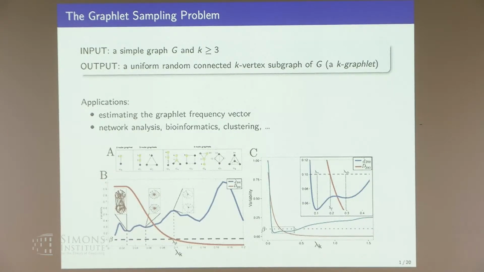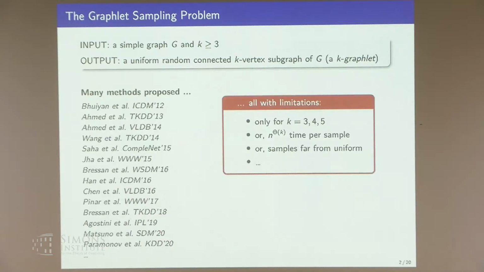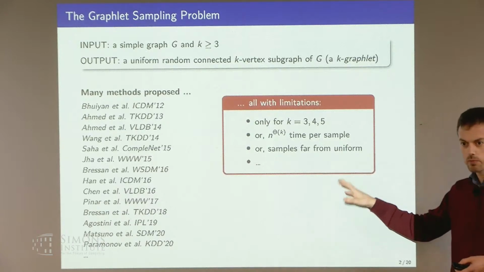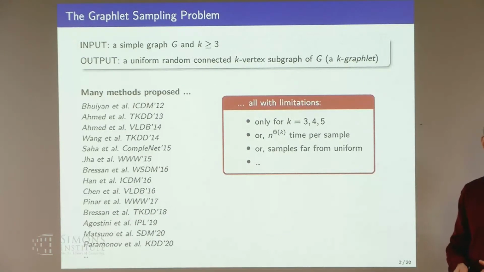When I started getting interested in this problem, there was a lot of work already done by these people, and then this transferred to the applied community, KDD, WSDM, these kinds of venues. Everybody was looking for a method to sample efficiently, because if you can sample efficiently, you can estimate this frequency distribution.